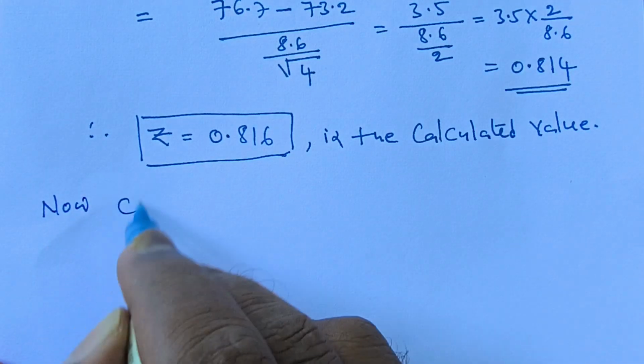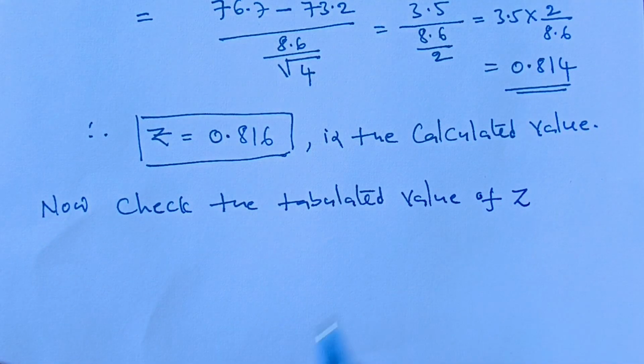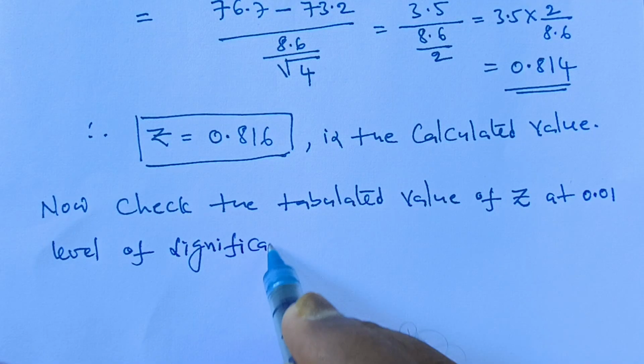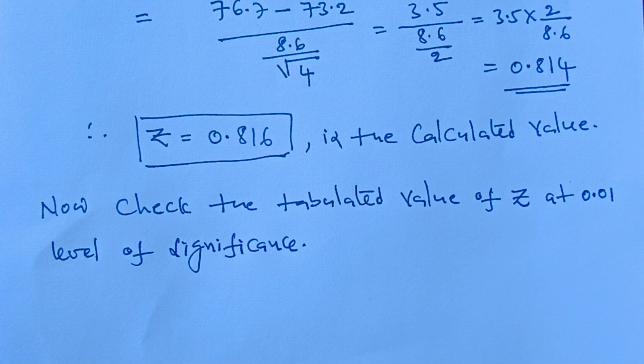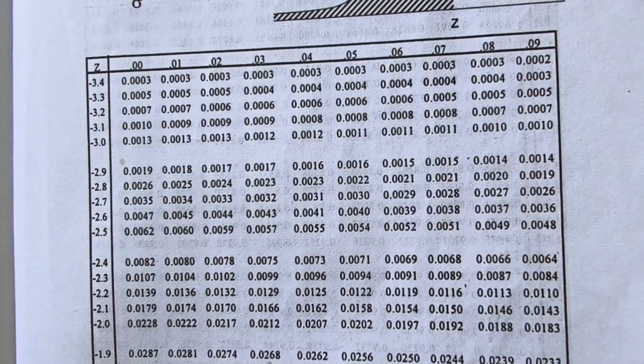Now check the tabulated value of z at the given level of significance 0.01. Now see the normal distribution table here.